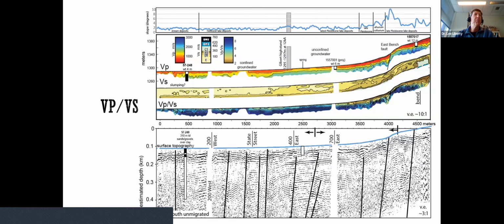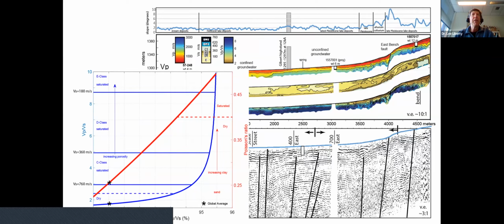I showed this plot here. If you like to think in Poisson's ratio, look at the red line and the red axis; if you like to think in VP/VS, look at the blue. You can see for dry soils, we typically see VP/VS ratios around 2 or below. This is using some empirical relationships, essentially the mudline equation, if you're familiar with that.